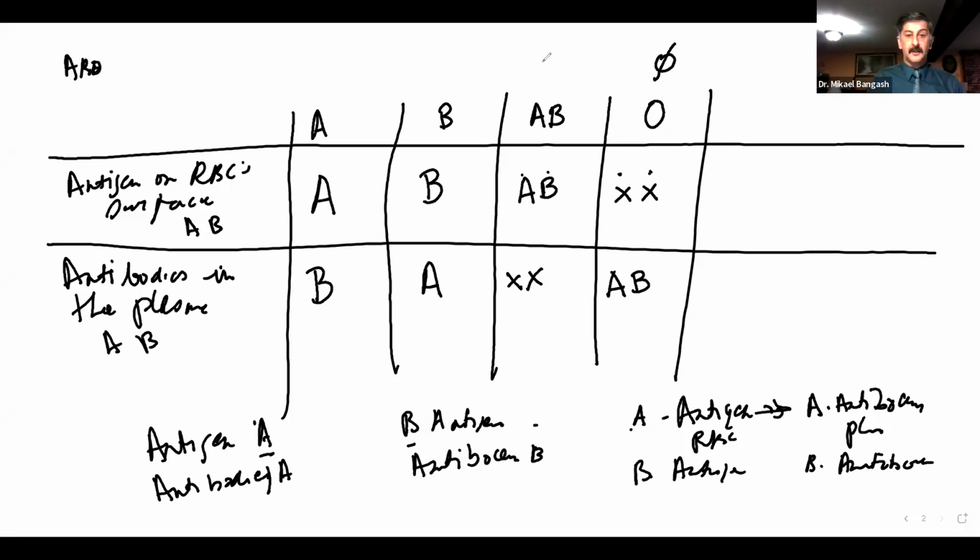So just keep in mind that what determined the blood group was the type of antigen. And where did you find those antigens? On the surface of the red blood cell. Clear? That was going to determine your blood group. So you say blood group A antigen. Where? On the surface of the red blood cell. You say blood group B antigen. Where? On the surface of the red blood cell.